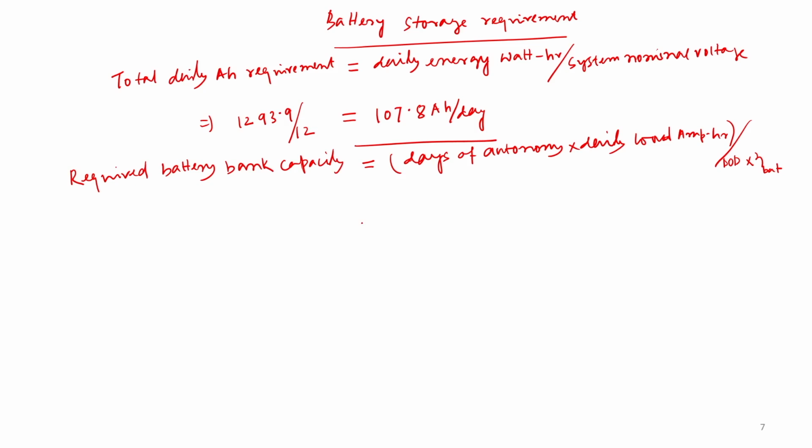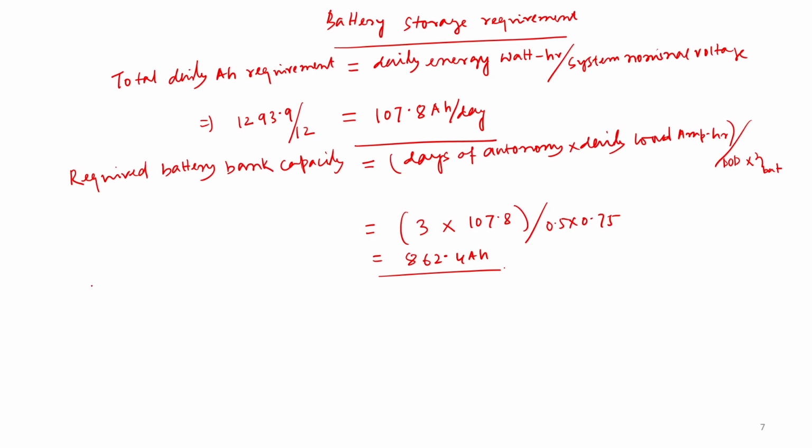So, we can calculate 3 multiplied by 107.8, divided by 0.5 into 0.75. So, this will be 862.4 ampere hour.